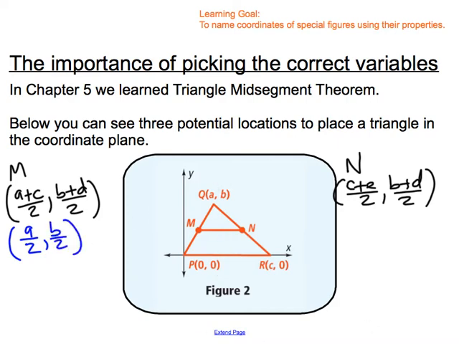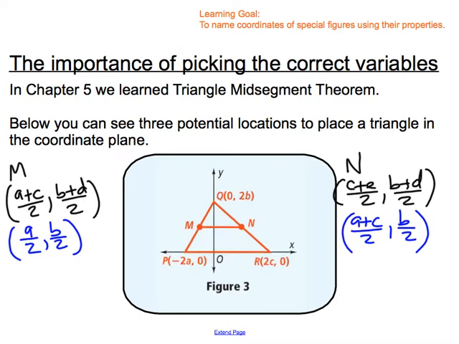So we've considerably simplified the coordinates of M. The coordinates of N in this case, we take A plus C, or the average of the x coordinates, and we take B over 2, the average of the y coordinates. So you can see in this case that the movement from figure 1 to figure 2 has simplified the coordinates quite a bit. Let's take a look at one more location.